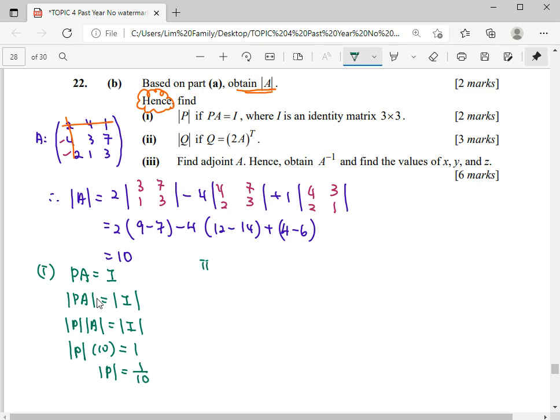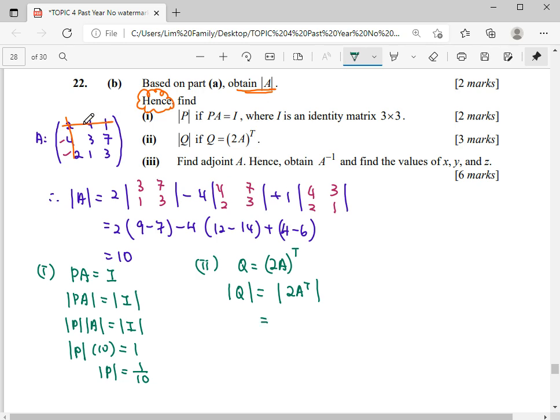So for B2, how about the determinant of Q? Say Q has this relationship: Q equals to 2A transpose. So when we have the determinant of Q, it equals to the determinant of 2 times this matrix A transpose.